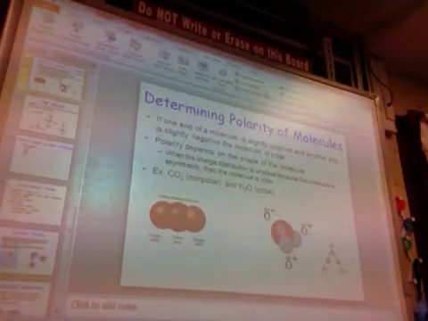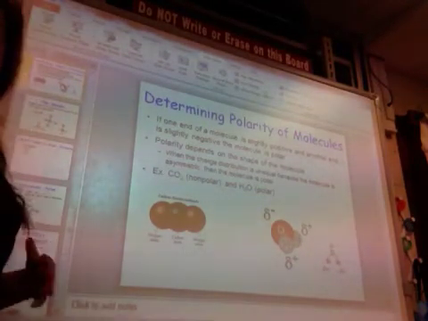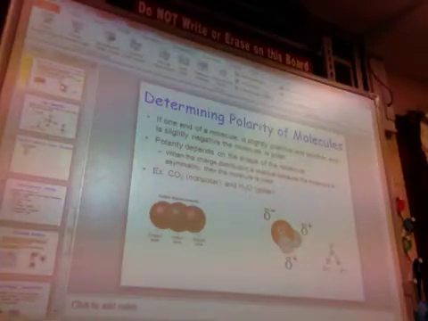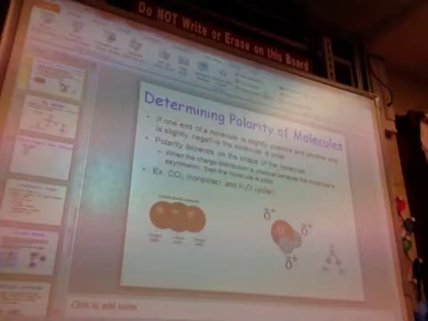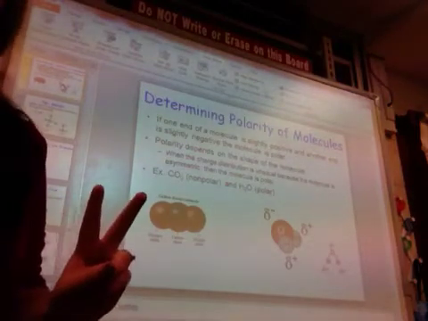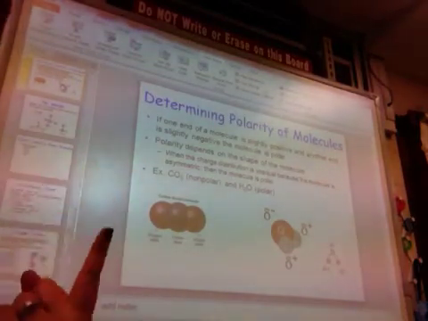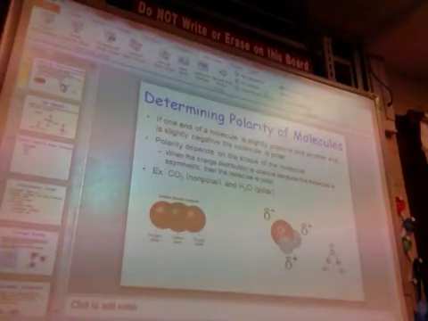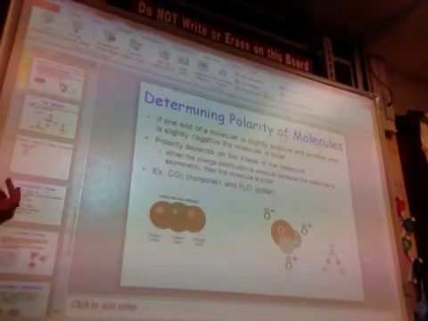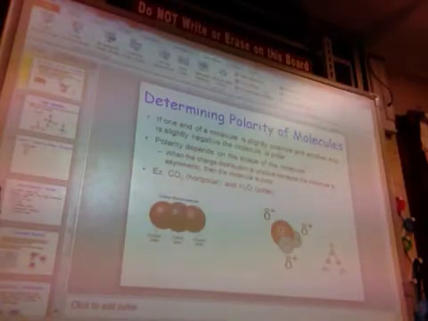We can do that by looking at the shape of the molecule. The molecular geometry is dependent on bonding domains and non-bonding domains. So it's really important when we determine polarity of a molecule.